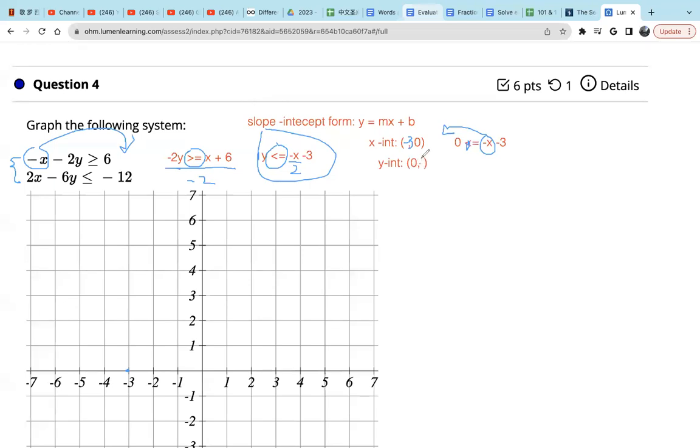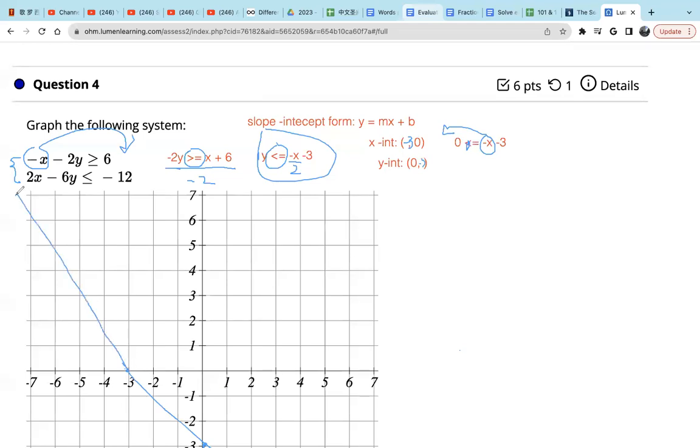So x is 0, y is -3. Oops, right here. Oops, sorry. So this point, right? Once I have those 2 points, I can graph my line. I can graph the line y equals -half x minus 3.